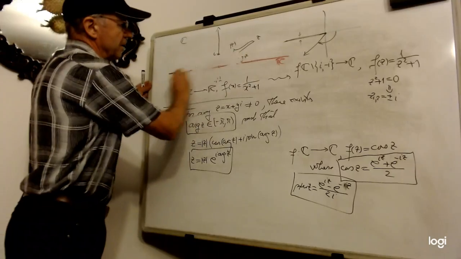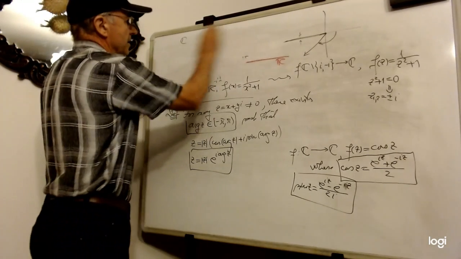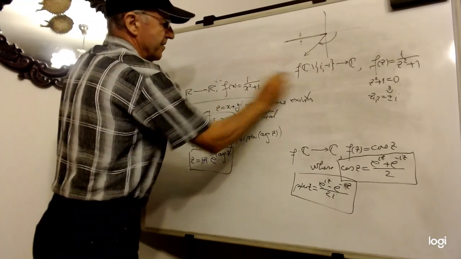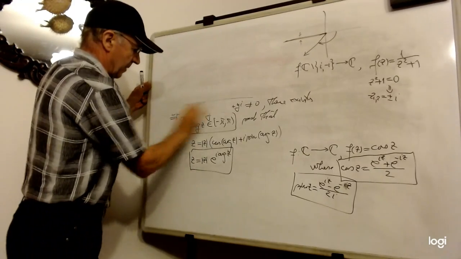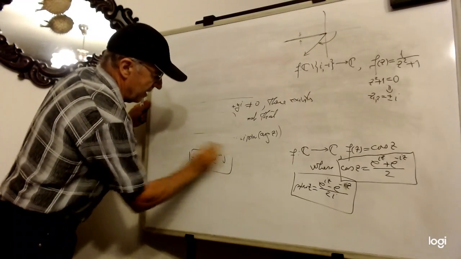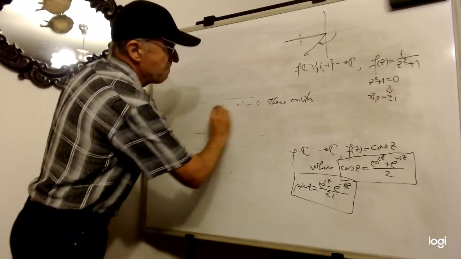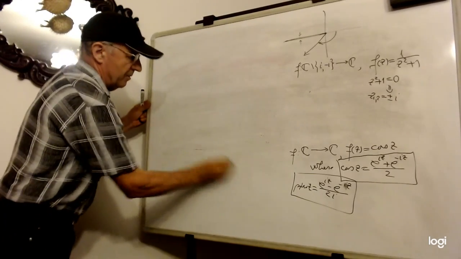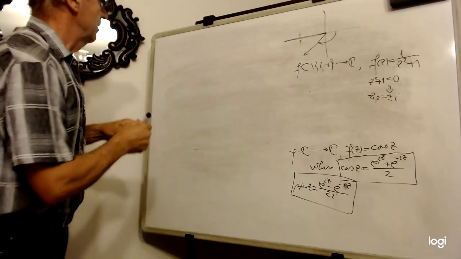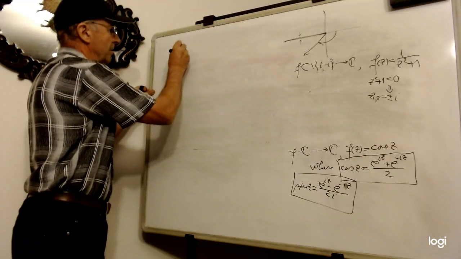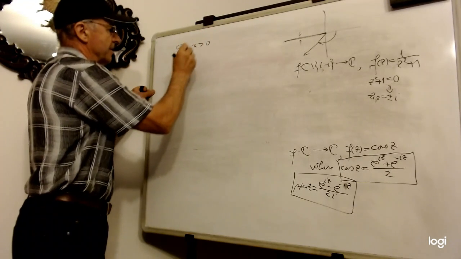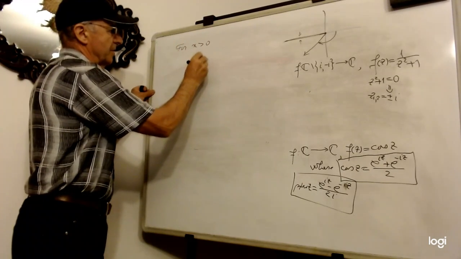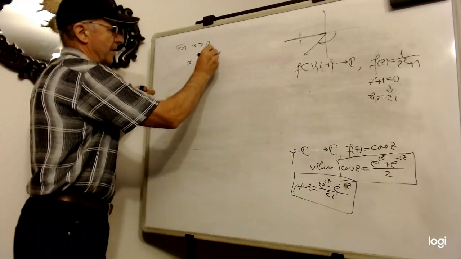Now you know that the natural logarithm is the inverse of the exponential. So we have, at least for a positive x, x is exponential natural logarithm of x.